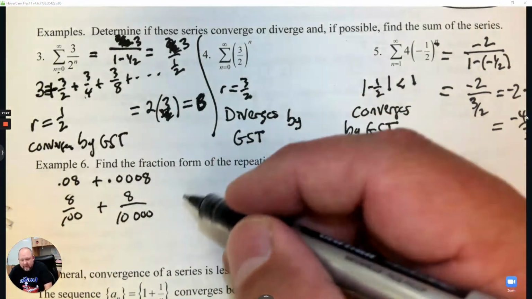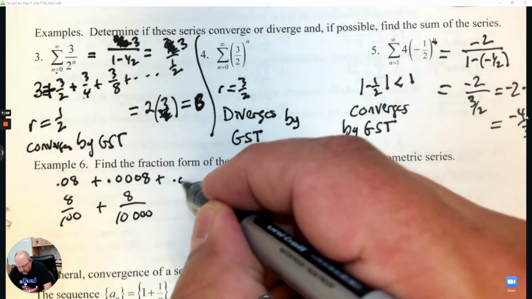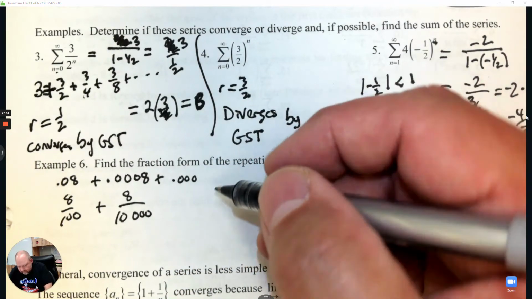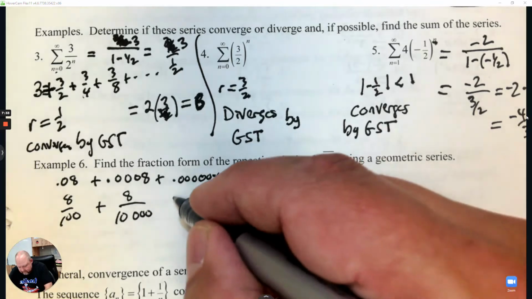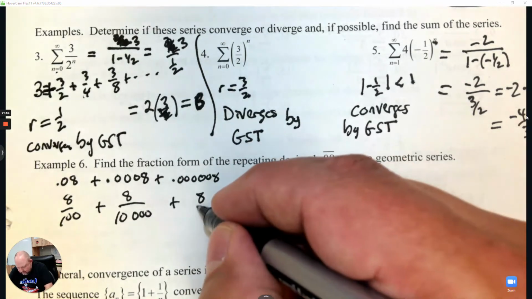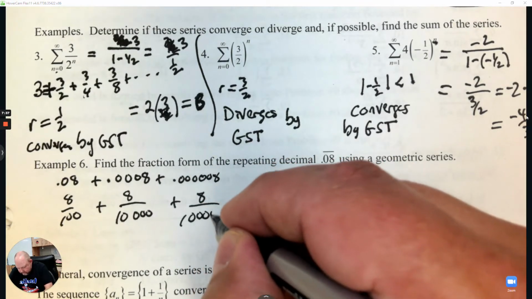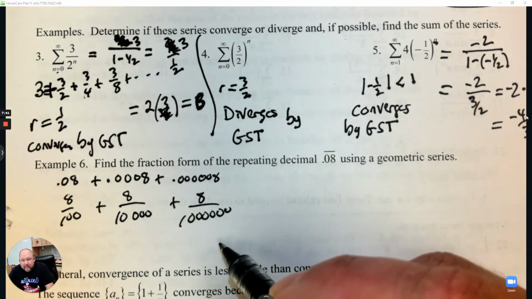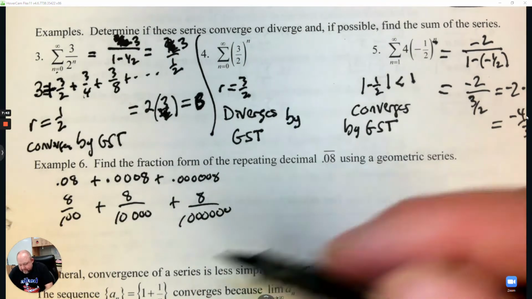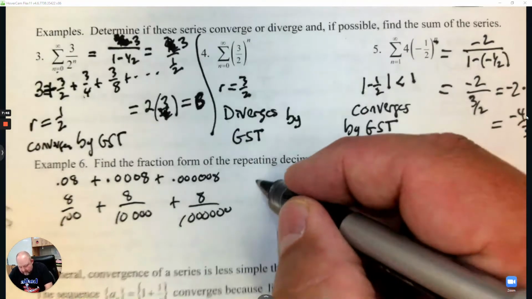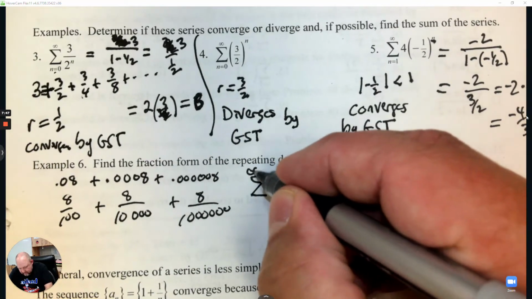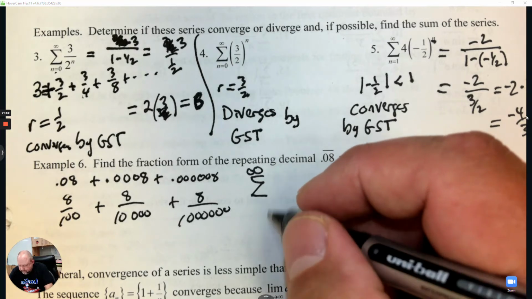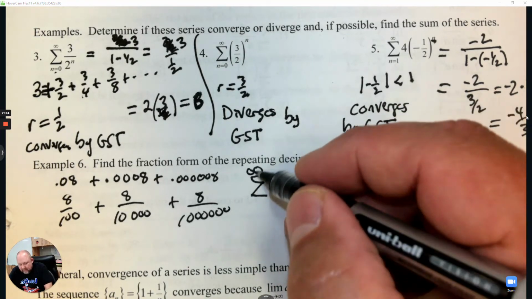And then that would create a pattern. I go 0.00008. That'd be 8 over 1 million. So by seeing that, I'm going to write this to infinity and think, well, I don't even need to write a series.